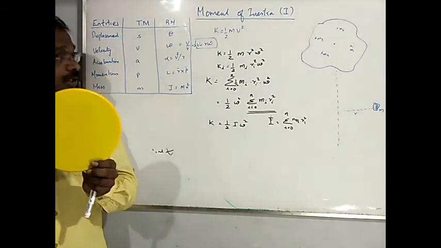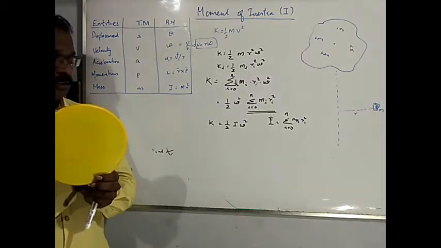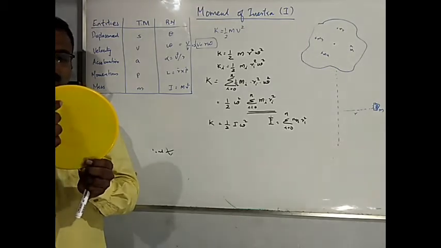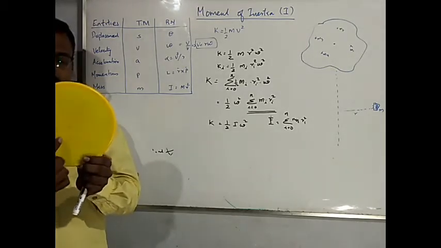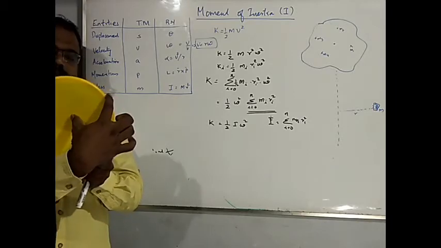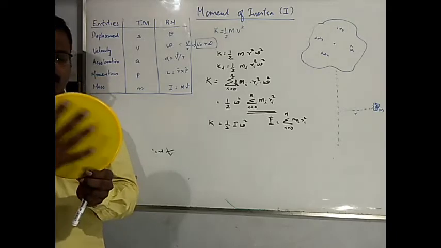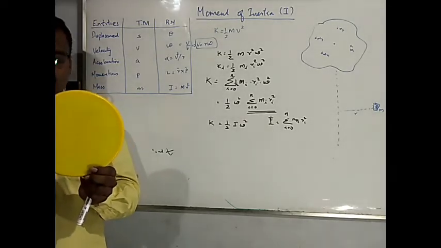Then what happens to the kinetic energy? Suppose a particle is here; you take that distance as r1, here it is r2, here r3, and this one r4, and so on. Different particles are there, so there are different distances between the axis and the points.